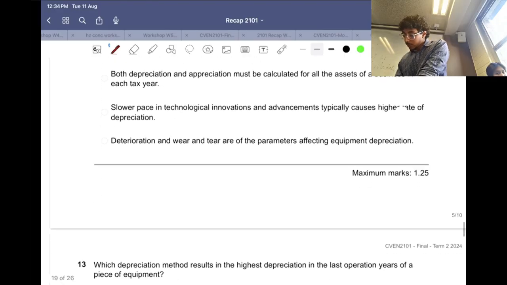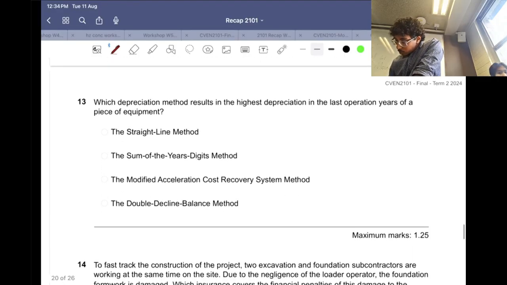That's essentially it. Cool. Which of these depreciation methods results in the highest depreciation in the last operating years of the equipment's lifetime? Is it the straight line method, the sum of years digits method, the modified accelerated cost recovery system, MACRS, or the double declining balance method? What are we thinking?